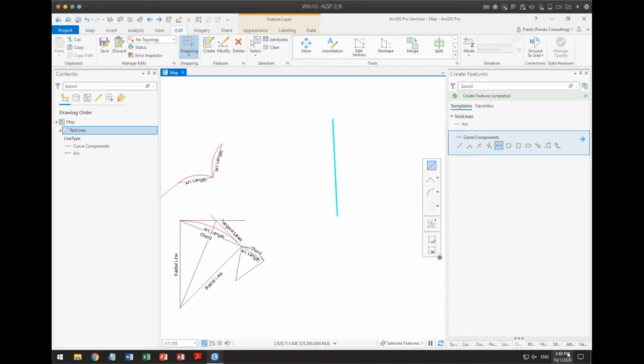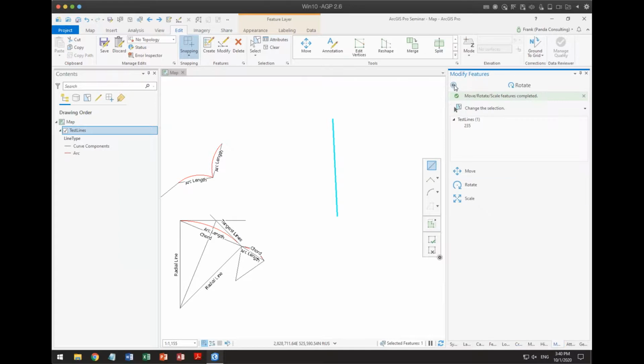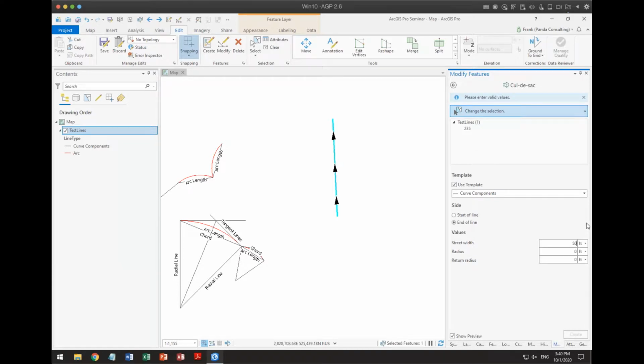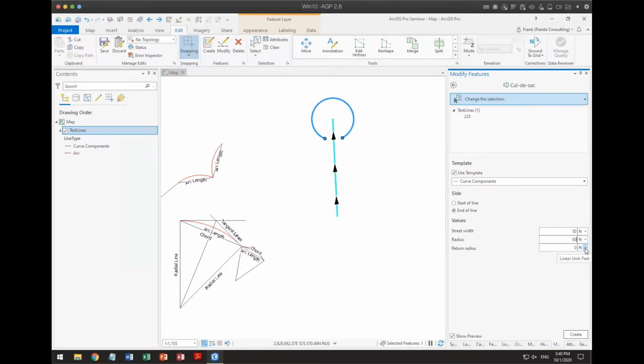Now we actually have a new cul-de-sac tool in 2.6, which allows us to take a selected line as the center line and then tells us the street width. In this case, let's make it 50 feet wide. What is the radius of this main curve here? Let's make this a 60-foot radius. And then what's the radius of these smaller elements in here? Let's make them 25 feet.